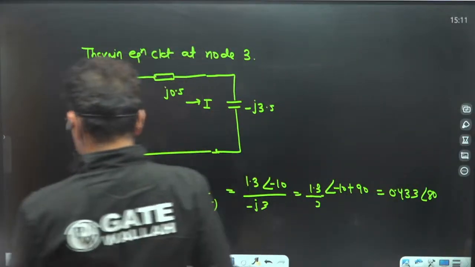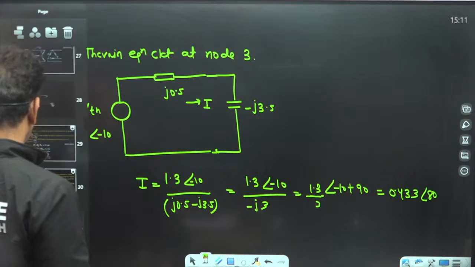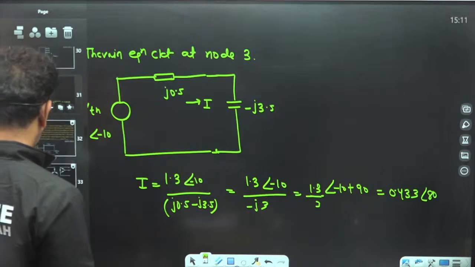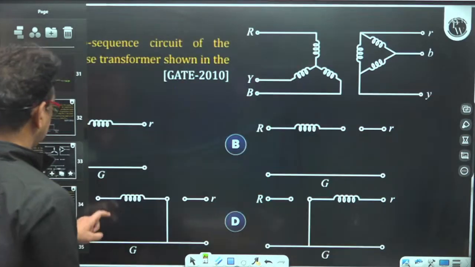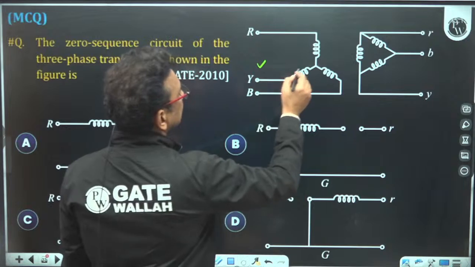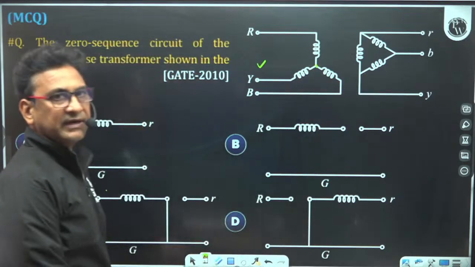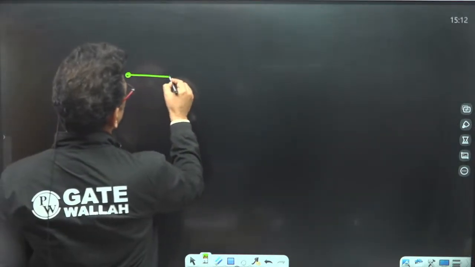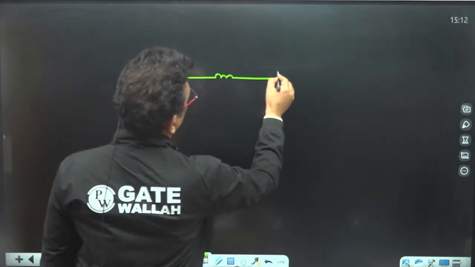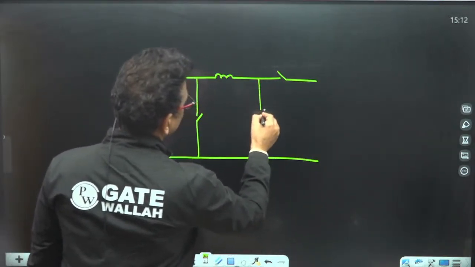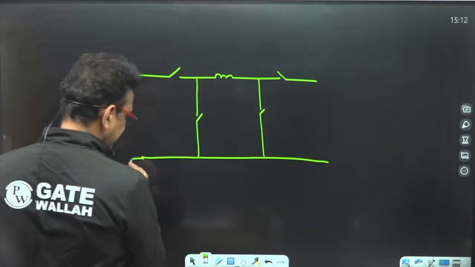Okay. Come to the next question. The zero sequence circuit of a three-phase transformer is given. The primary winding is connected in star, but its neutral is not grounded, and the secondary winding is connected in delta. See, we have 4 switches like this to get the zero sequence network of the three-phase transformer.